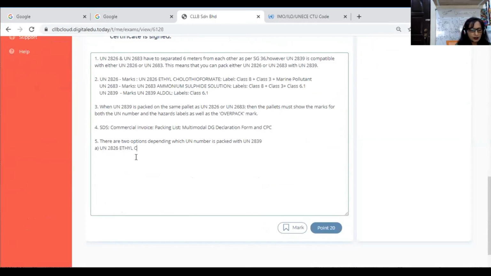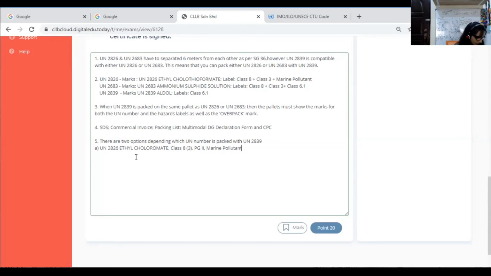UN 2826, ethyl chloroformate, class 8, 3. This is a PG2, right? PG2, marine pollutant. And then remember there's a class 3, so because you don't have an SDS, you have to go to 2826 and look at column 17.